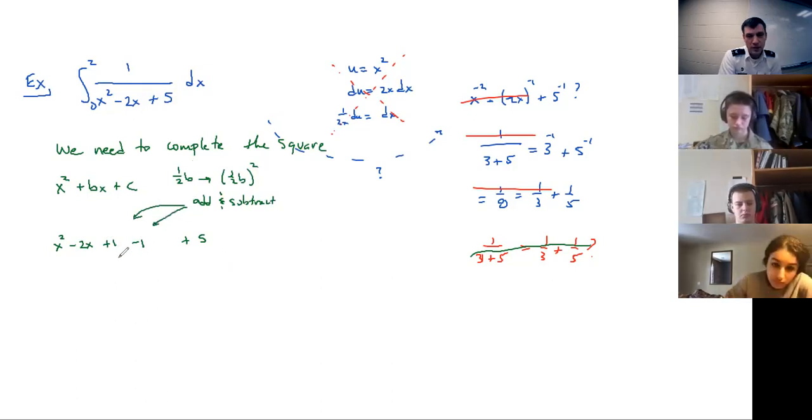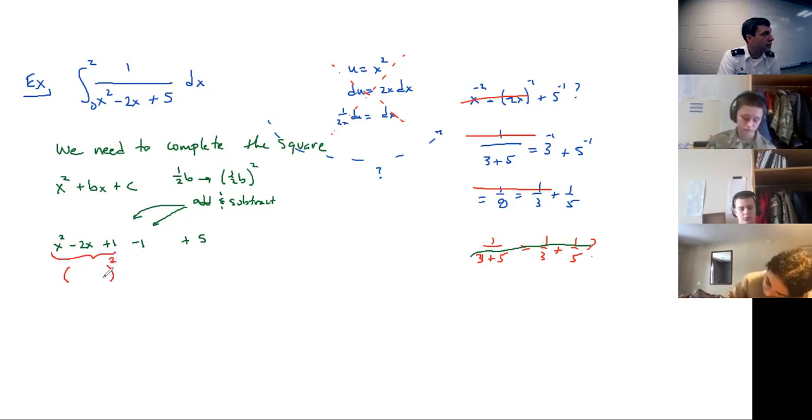So by adding 1 and subtracting 1, I have not changed the value of this expression, correct? I have added 0 to it. But I am going to change its form. And the reason that we chose this quirky, take half of it and square it, add and subtract it in, is specifically designed so that I can write this as what? It's something squared. x minus 1 squared.